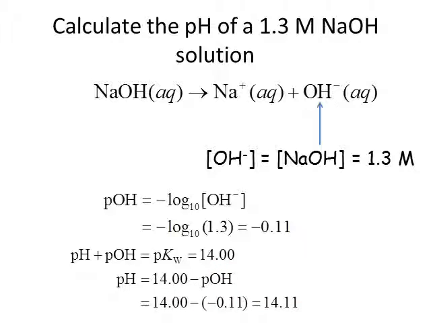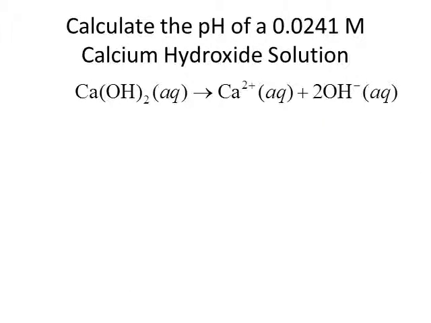It is important to realize that your pH does not have to be between 0 and 14. It can be negative, or it can be greater than 14 under certain circumstances.